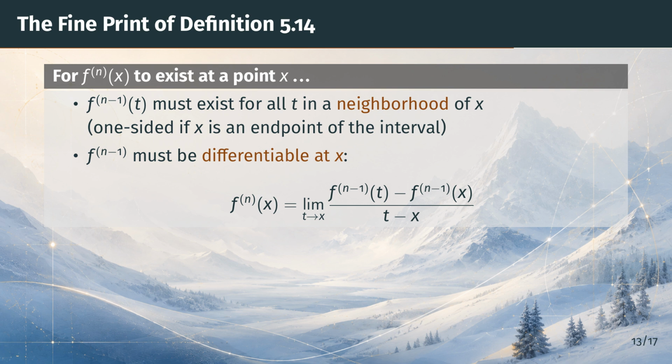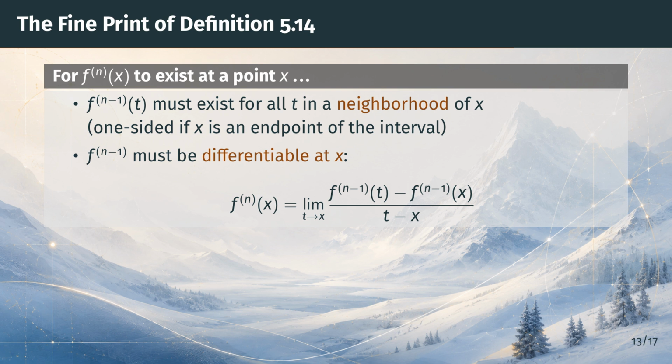The derivative of order n at x is the limit, as t tends to x, of the difference quotient built from the derivative of order n minus 1. This is nothing more than definition 5.1, the definition of the derivative from the start of this chapter, applied to the function one floor down.